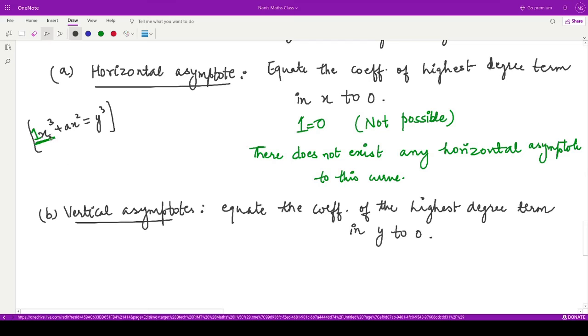The highest degree term in y is y cube, and its coefficient is again 1, so 1 is equal to 0. This is again not possible, therefore we also do not have any vertical asymptotes. So no vertical asymptotes exist.